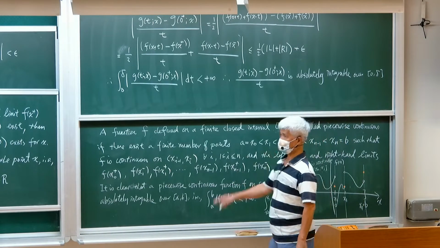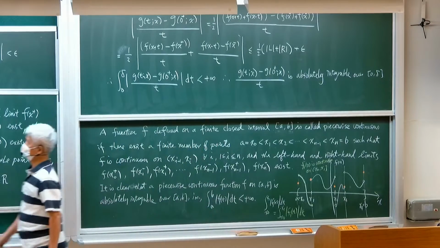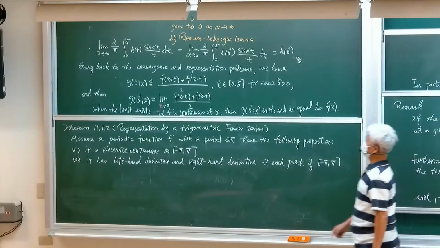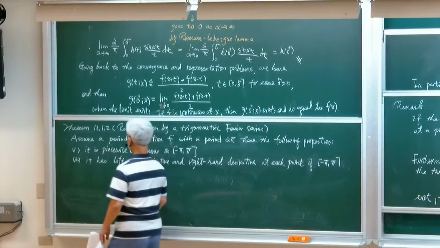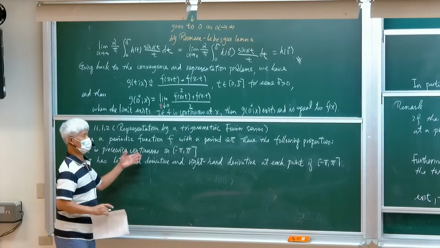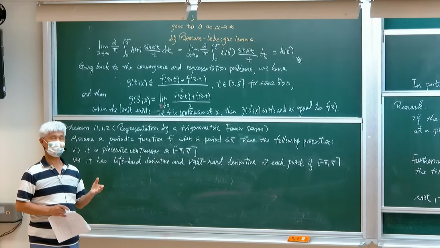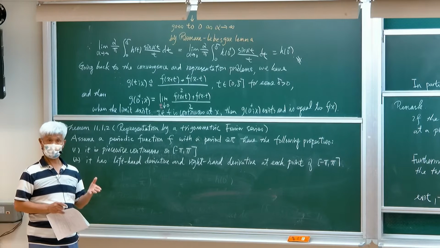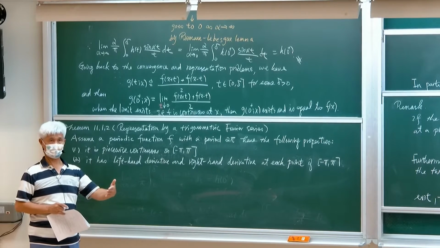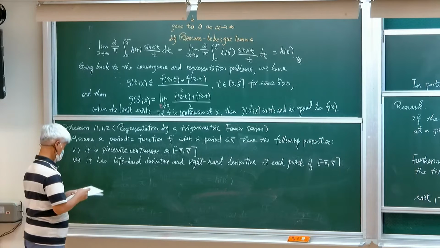And it is absolutely continuous. And because it is absolutely continuous, it has a corresponding trigonometric Fourier series generated by f. So we can construct that.